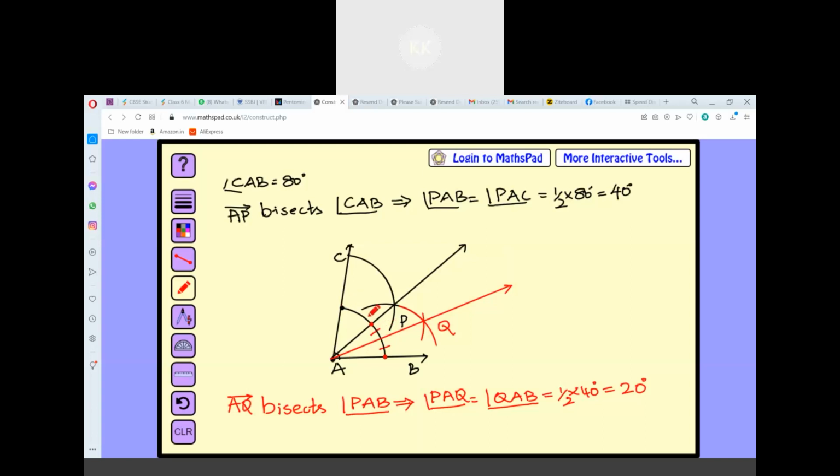Now this angle which is 40 degree we shall bisect. Again let's take compass. I am changing the ink color to green now. You just observe. It's rotating very fast.